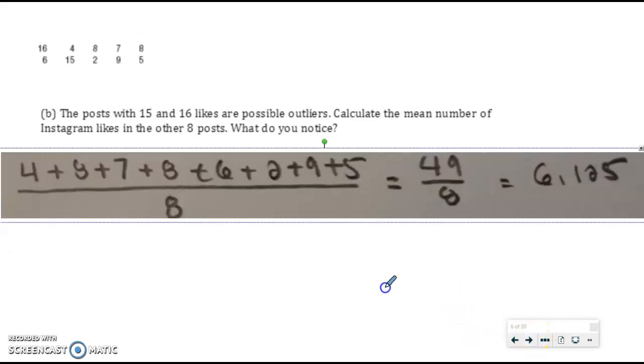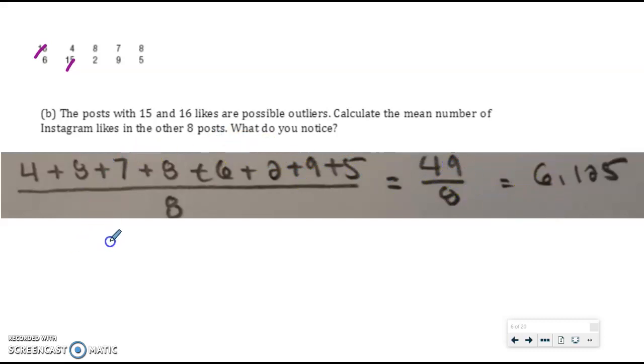Now, in this next set of questions, we are asked to take 15 and 16 away from this data. So I'm scratching 15 and 16 out. Then we were asked to find the mean of this set of data without 15 and 16 thrown in. I do get it to be 49 over 8, or 6.125.